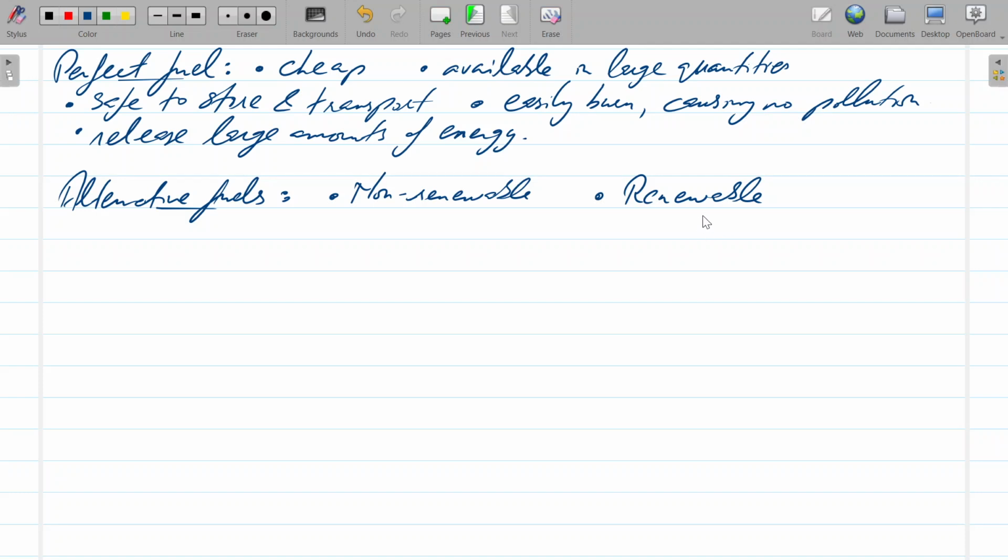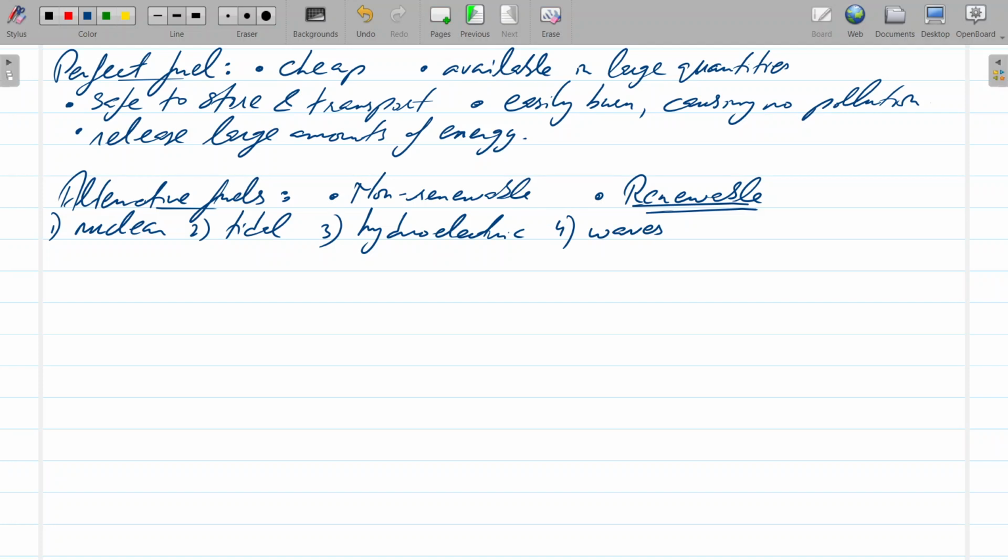So for the renewable ones, right, I'm listing down some renewable options, and you've got nuclear fuel, tidal energy, hydroelectric energy, waves, biomass and biogas, geothermal, then you have hydrogen, solar, and wind.